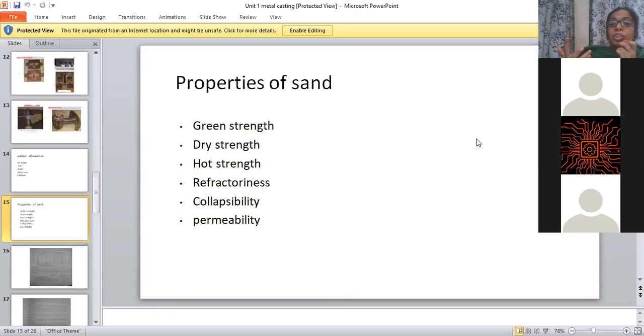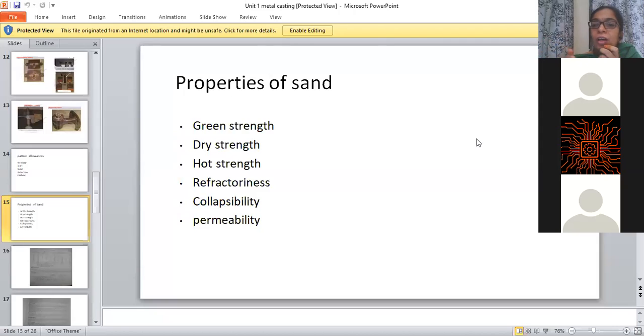The strength with which it can hold the cavity without disturbing it, in the sand having moisture, you call green strength. The same for dry strength: the sand which does not have moisture but will hold the cavity and not disturb it. That strength you call dry strength.